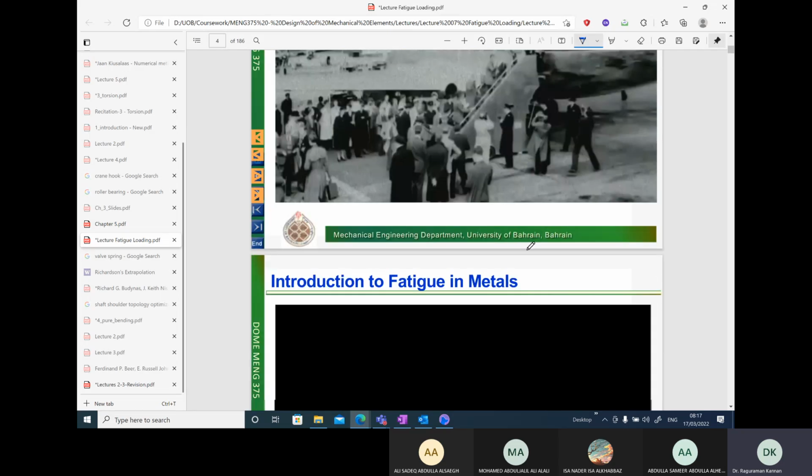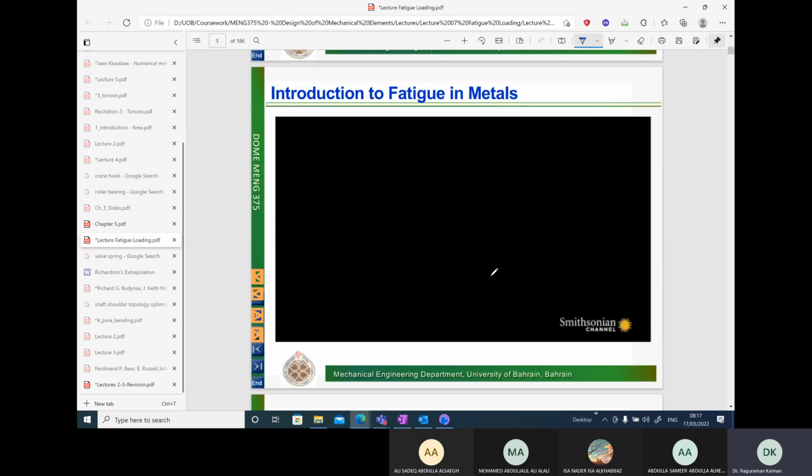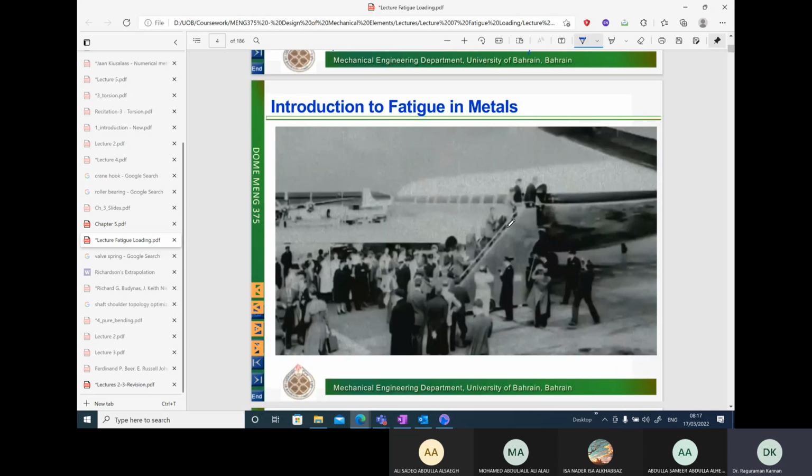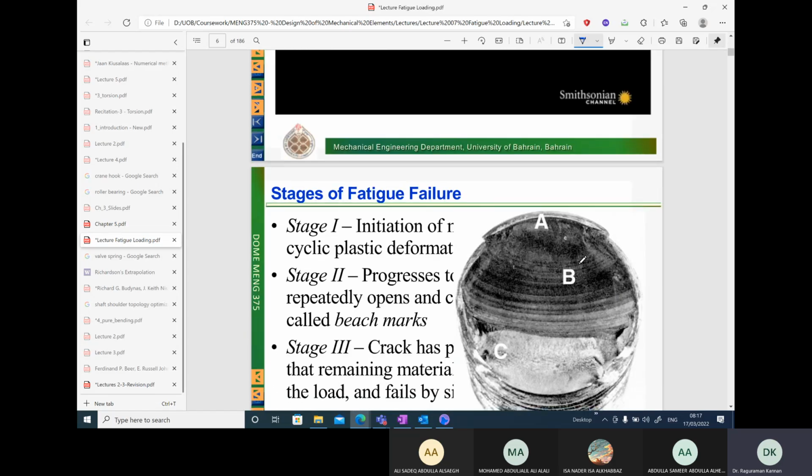Okay, so again, fatigue phenomena is very dangerous. You have no warning, and it can lead to loss of life and huge property loss. So this particular Aloha flight was worth several millions of dollars. Again, you can see what happened to the flight. Okay.